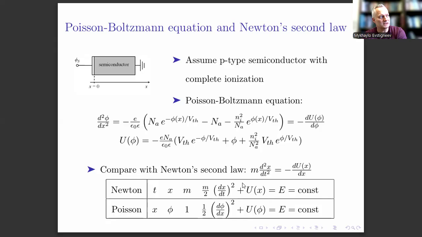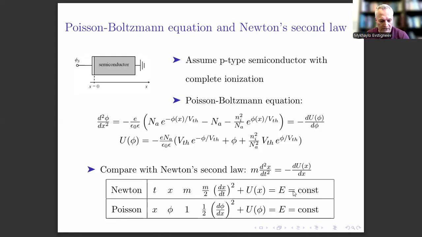The total energy is the sum of kinetic energy plus potential energy. Kinetic energy is mass times velocity squared divided by 2, plus the potential energy u of x. It must be constant, independent of time.